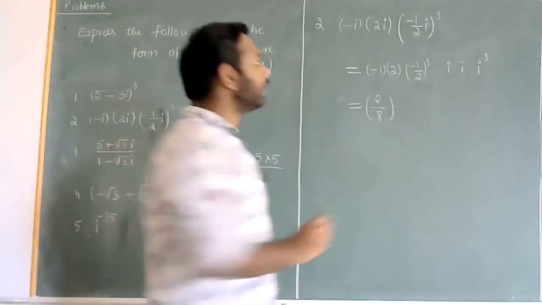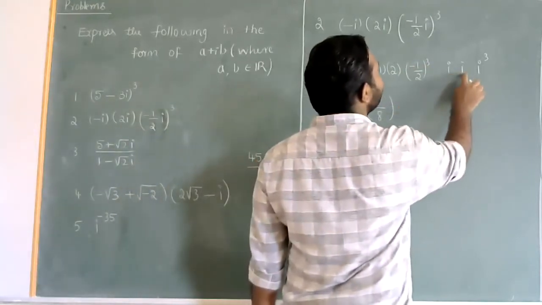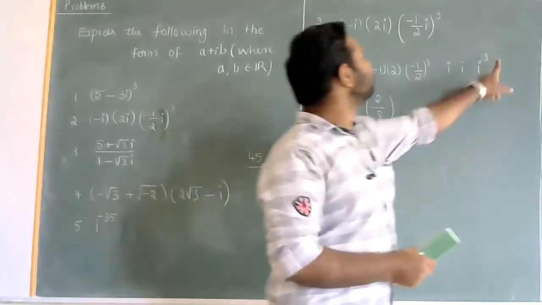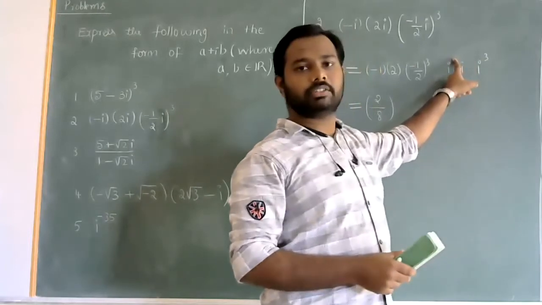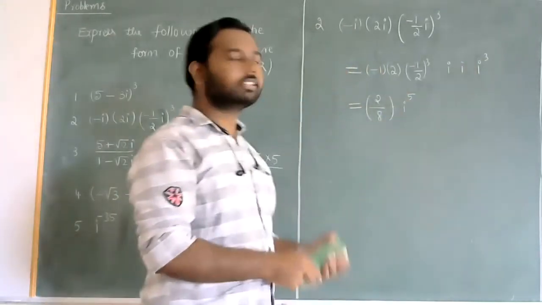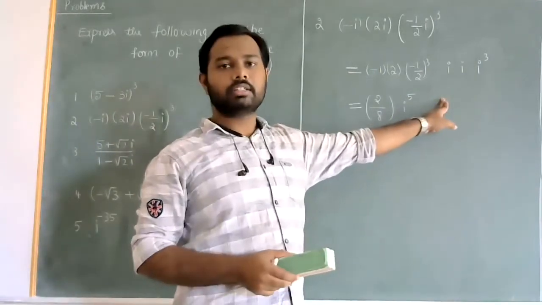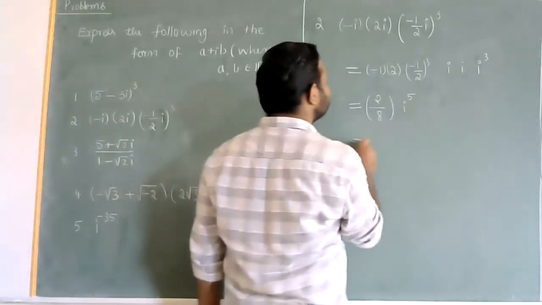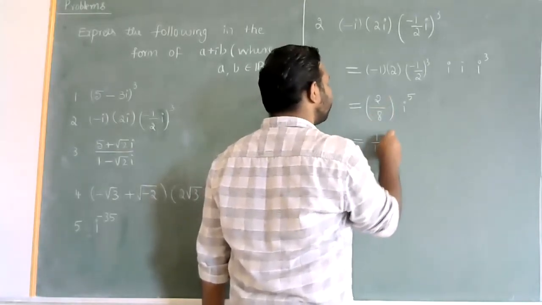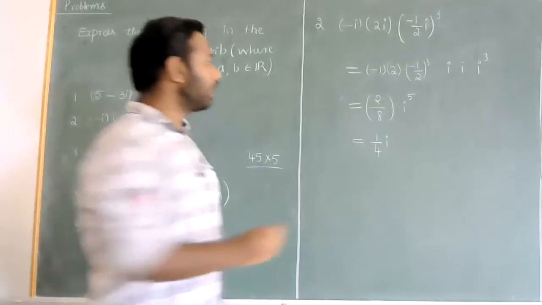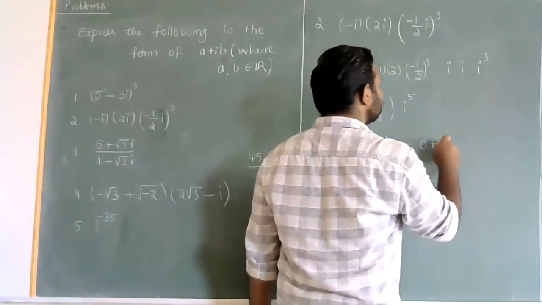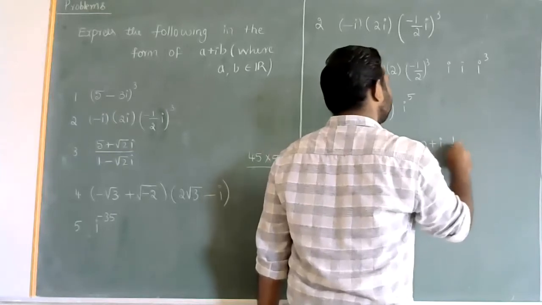It will be 2 by 8 into i. The base is the same, so I have to add the powers: 3 plus 1 plus 1 is 5. So i power 5. i power 5 is i power 4 plus 1, so i power 4 is 1, and i power 1 is i. So 2 ones are 2, 2 fours are 8, so 1 by 4 into i. Or we can express it as 0 plus i into 1 by 4.